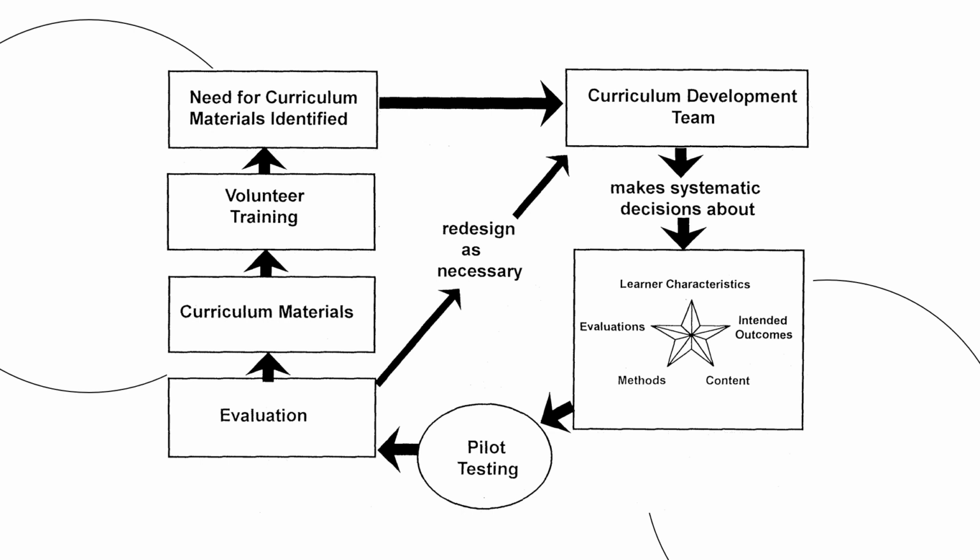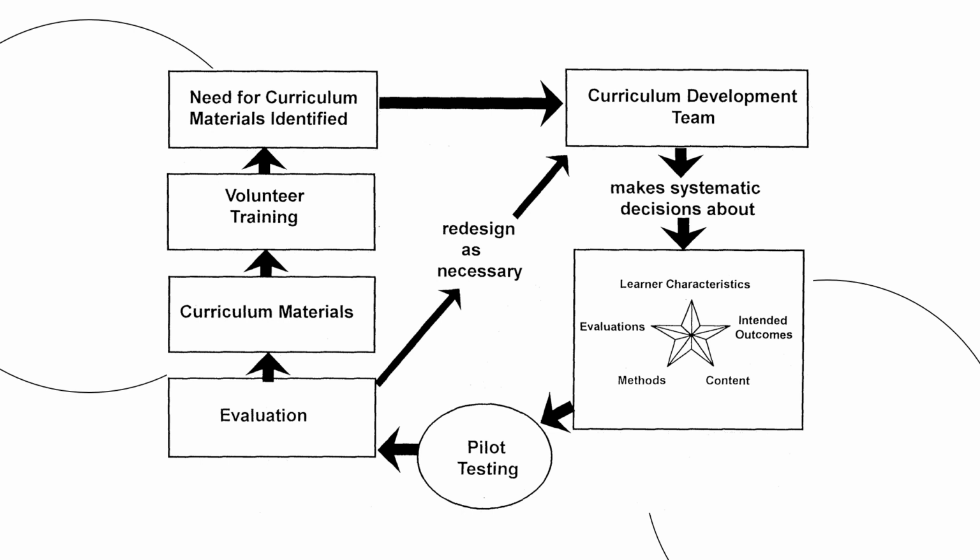Curriculum materials. Once the curriculum has been evaluated and refined, the final materials, lessons, activities, assessments, and other educational resources are assembled and prepared for broader distribution. Volunteer training. Volunteers, often teachers or subject matter experts, are then trained to implement and utilize the new or updated curriculum materials effectively.